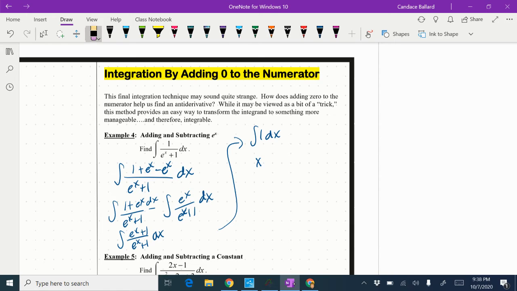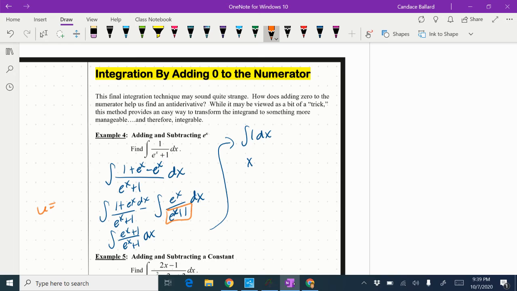Then on this back half here, hopefully you're seeing that we have a u substitution going on. So my u is going to be e to the x plus 1, which would make the du e to the x dx. And good news, I have e to the x dx. So it's a very straightforward u substitution problem. So when I go to integrate that, I'm dropping this negative sign down.